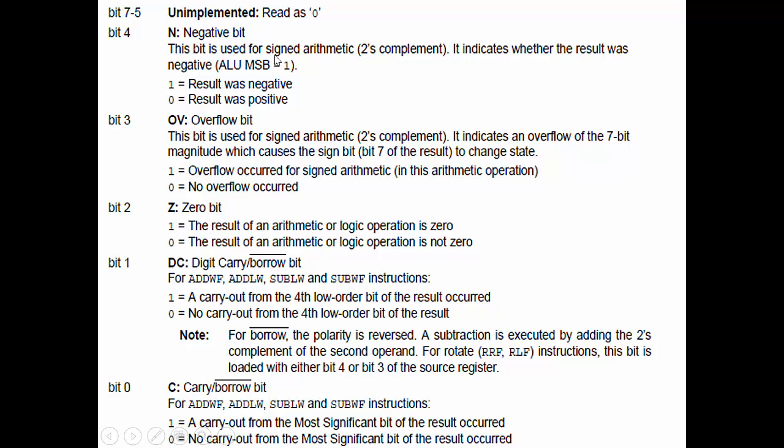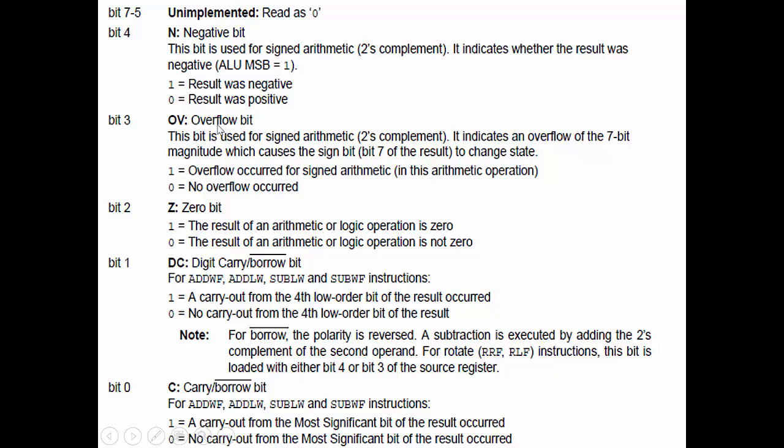If we are doing 2's complement, it indicates whether the result is negative or positive. If the ALU's MSB is 1, then the result is negative, so this bit will be set to 1. Then that ALU operation results in a negative number. If it is 0, then it is a positive number. By means of this 1 and 0, we simply identify the result of the 2's complement operation.